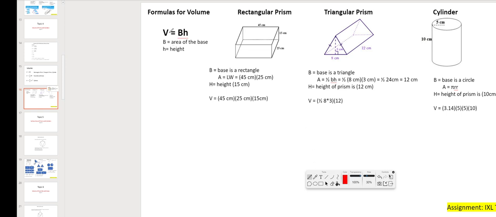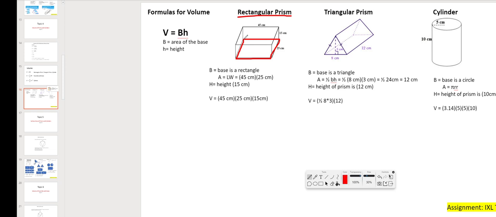All right, so again, the formula is V equals big B times H. Notice here I'm telling you that big B is the area of the base. Very important. If you look at this shape, it's a rectangular prism. So if I look at the base, what's at the bottom, it's a rectangle.